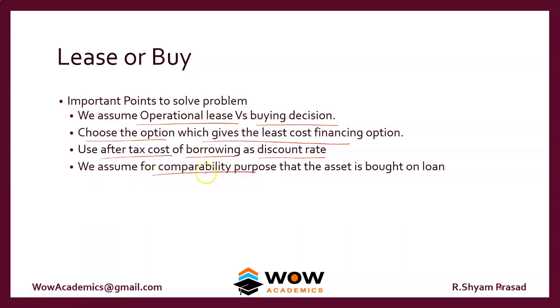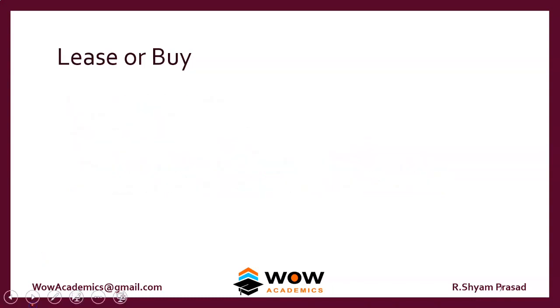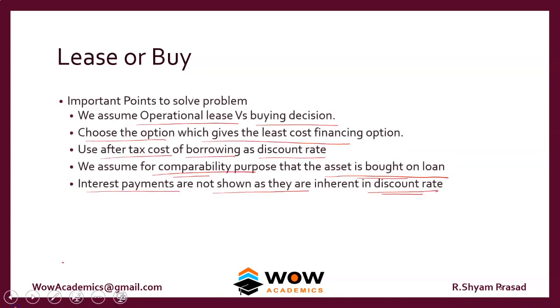We assume for comparability that the asset is bought on a loan. Interest payments are not shown as they are inherent in the discount rate itself. So these points have to be followed when you're trying to solve a lease or buy problem.